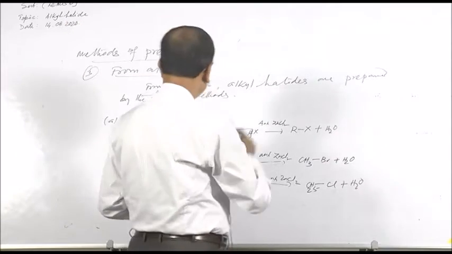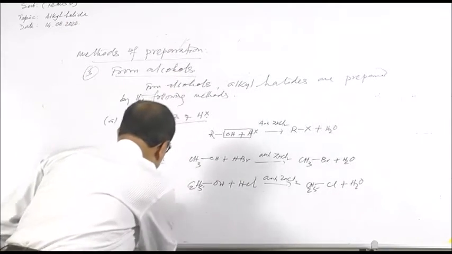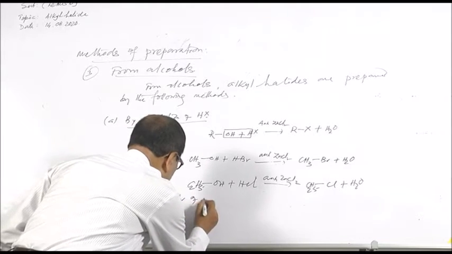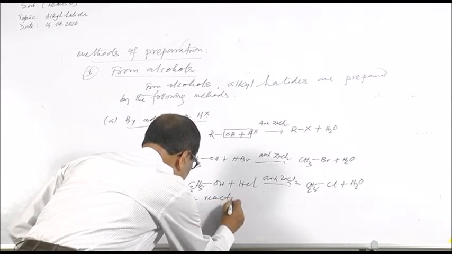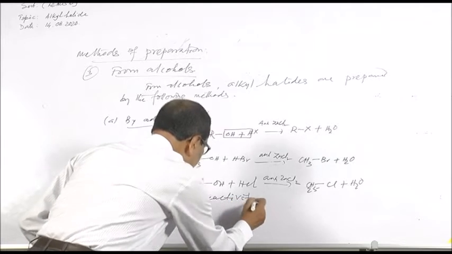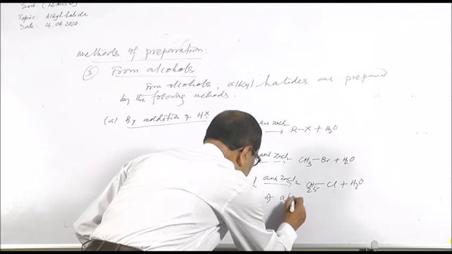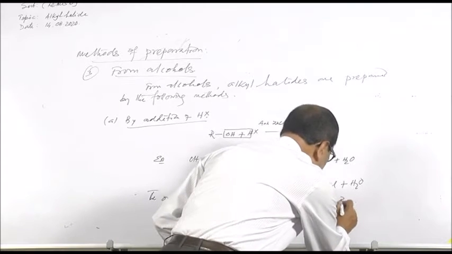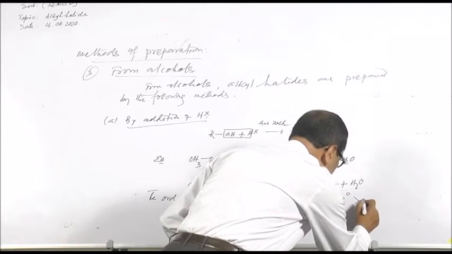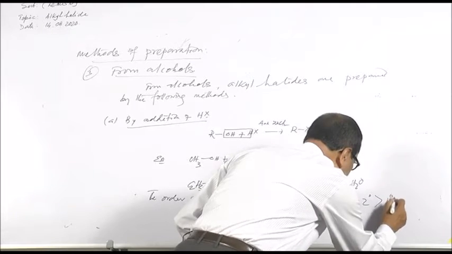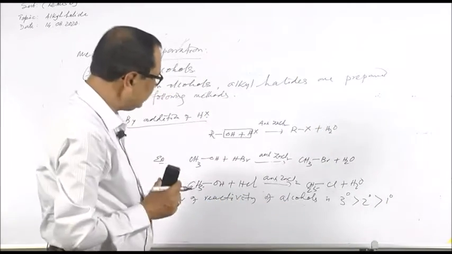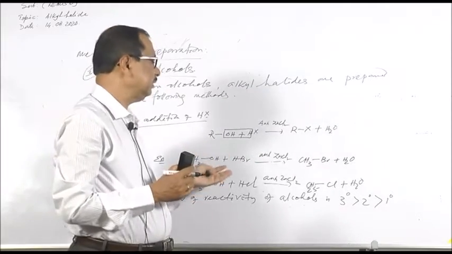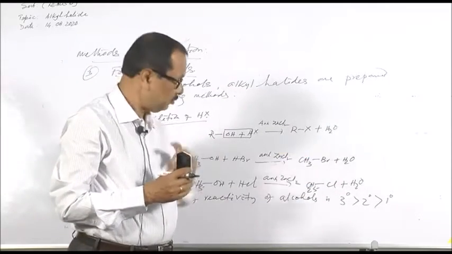The order of reactivity of alcohols is 3 degree alcohol greater than 2 degree alcohol greater than 1 degree alcohol. That means 3 degree alcohol gives more product or a quicker reaction than 2 degree or 1 degree.